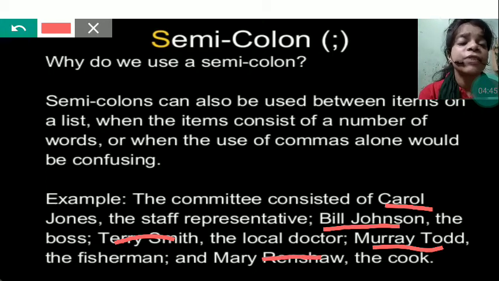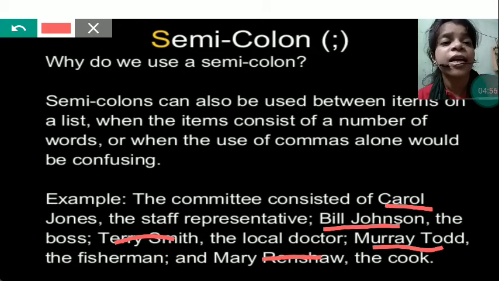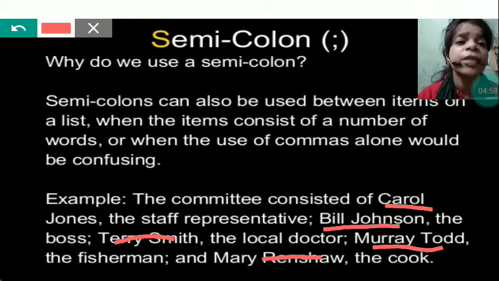So there are five members of the committee. We could separate the names of members using commas, but their designations have also been mentioned, and we also need to separate these with commas.